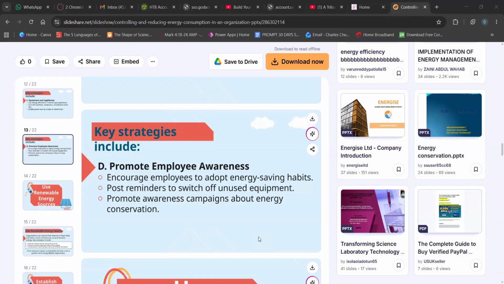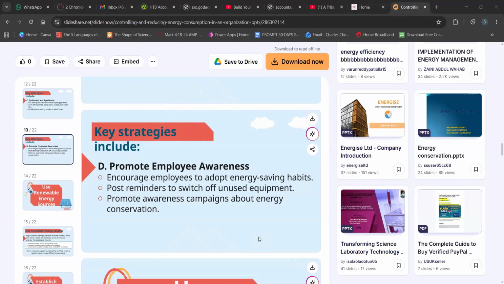Employee could be replaced by humans or students; it's just a placeholder. You can put in brackets after employee: students, teachers, people.